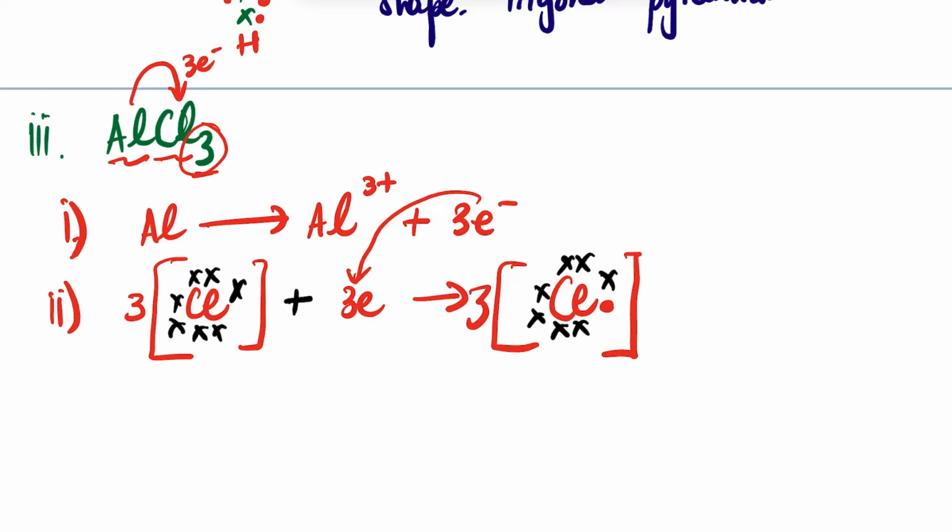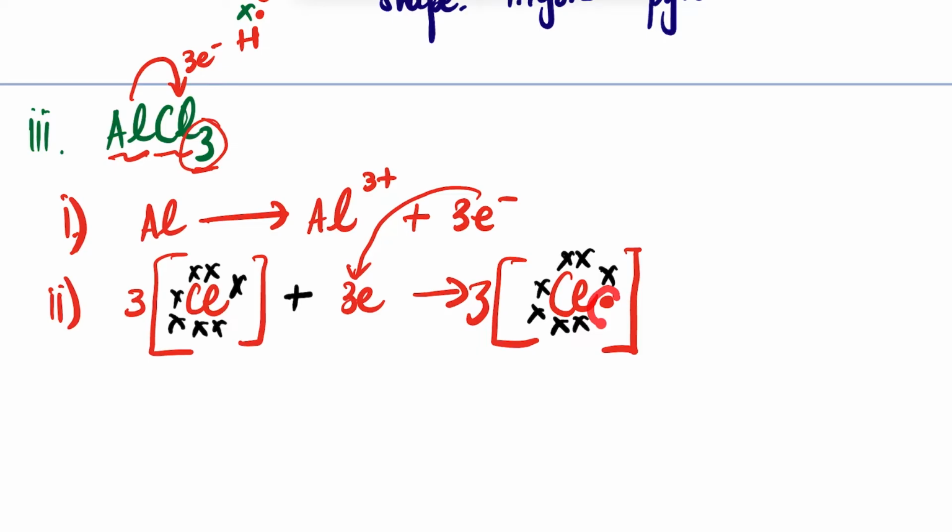Each chlorine has received 1 electron from the 3 electrons. Now you should show the negative charge, guys. Once it received the electron, it becomes negatively charged because it has gained the electron. So, no arrow here.